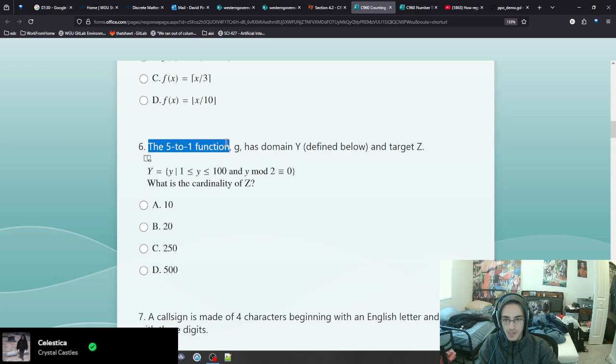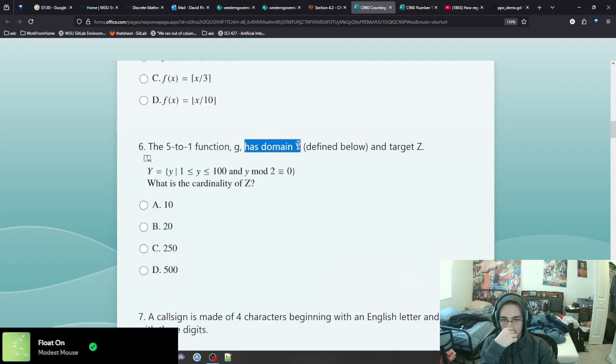So now we have the same kind of question. We got 5 to 1 instead of 3 to 1. Okay. So G has the domain Y and the target Z. What is the cardinality of Z?